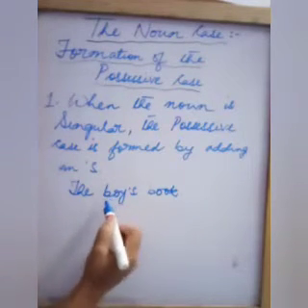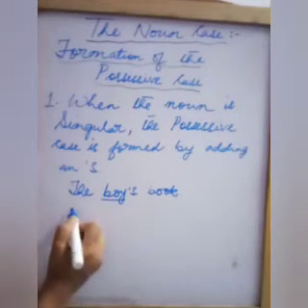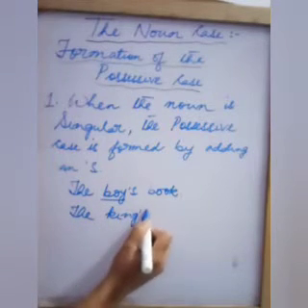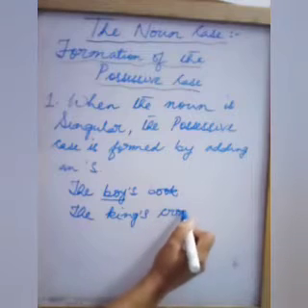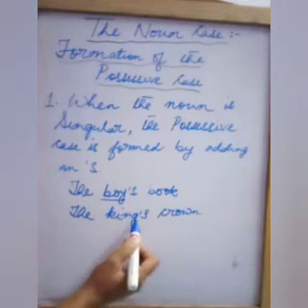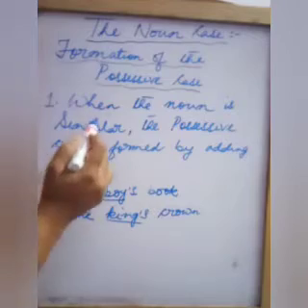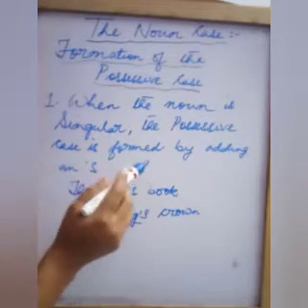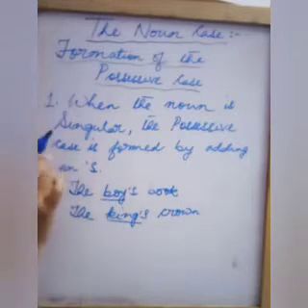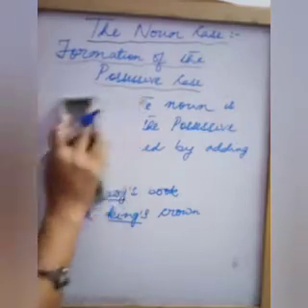So boy as a word is a singular noun. Another example: the king's crown. The crown belongs to the king. King as a word is also singular, isn't it? So this is the first condition. When the noun is singular, the possessive case is formed by adding an apostrophe s. Clear? Okay, now let's move to the second condition.